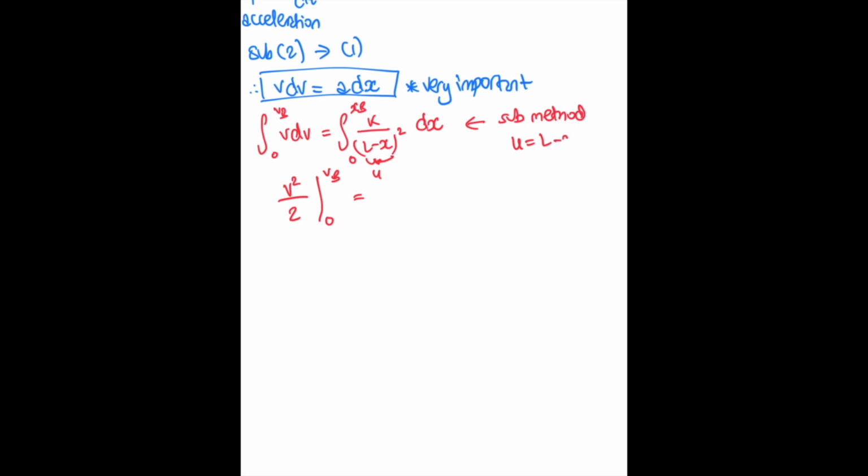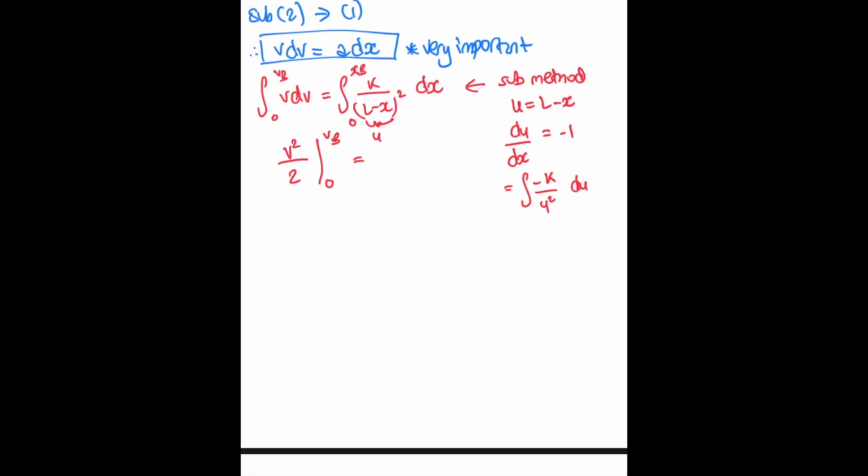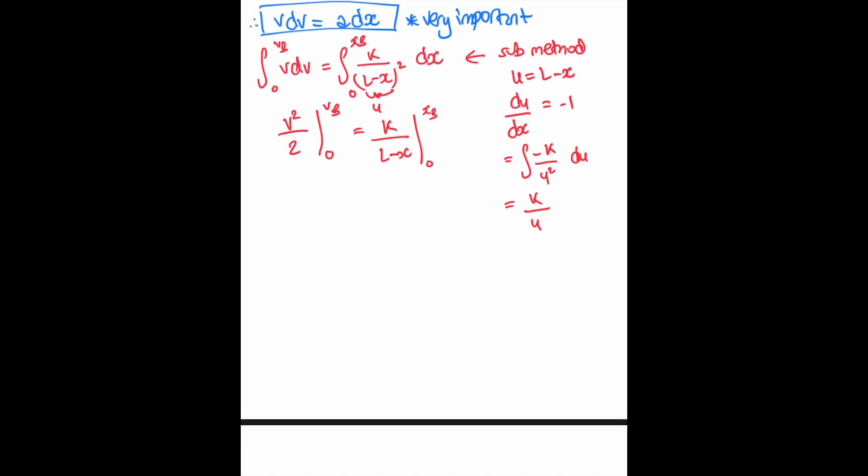So u is going to be L minus x, and our du over dx is going to be equal to minus 1, which means that we're trying to find the integral of minus k over u squared with respect to u, which gives us k over u. Now we sub it back into our equation to give us k over (L minus x). The boundary conditions are 0 to xb.